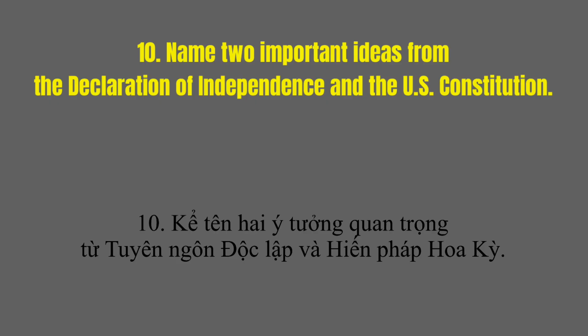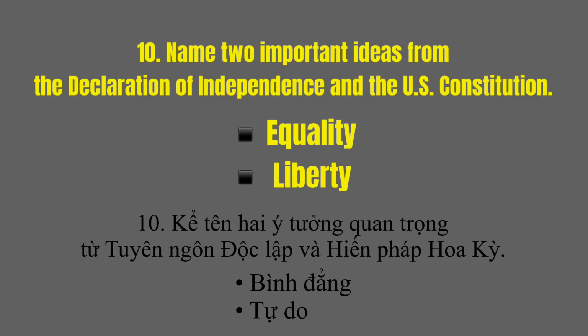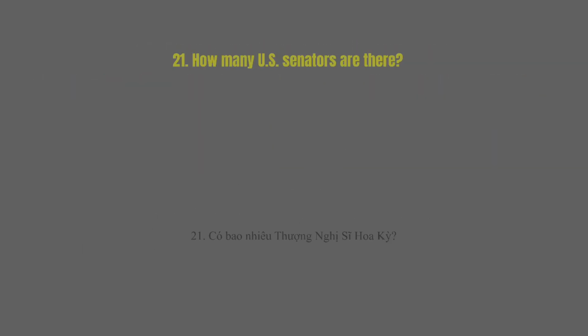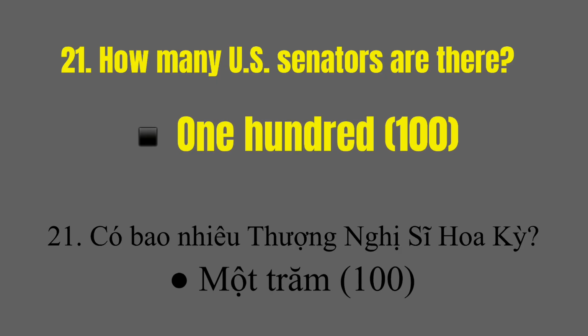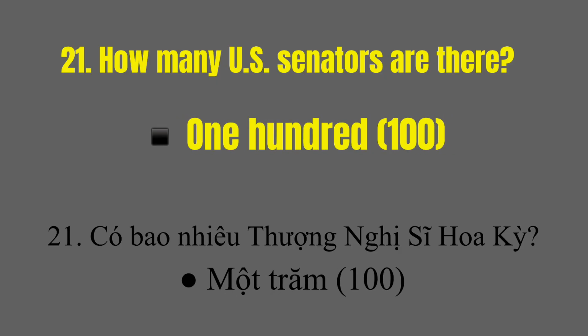Name two important ideas from the Declaration of Independence and the U.S. Constitution. Equality. Liberty. How many U.S. senators are there? 100.